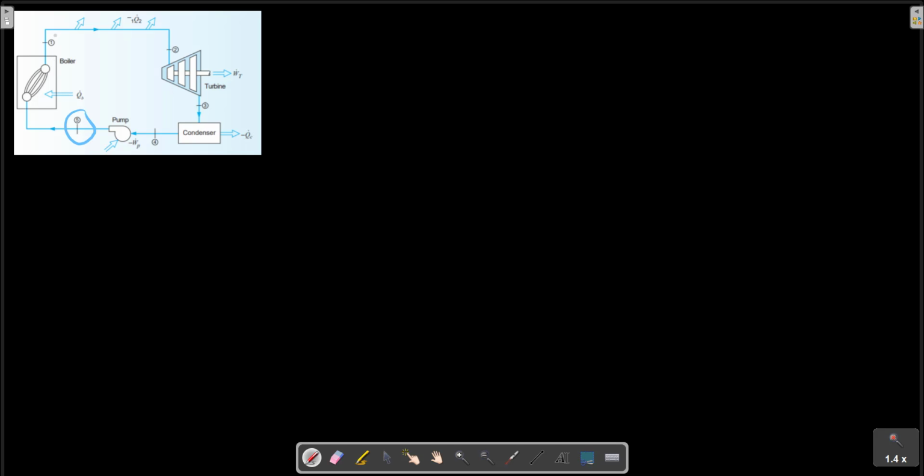To calculate point 5, we have point 4 information, H, temperature and pressure.